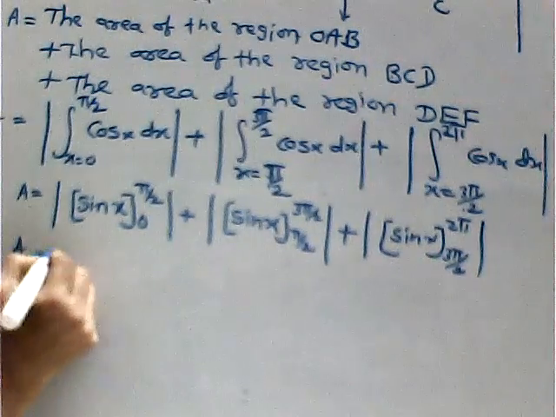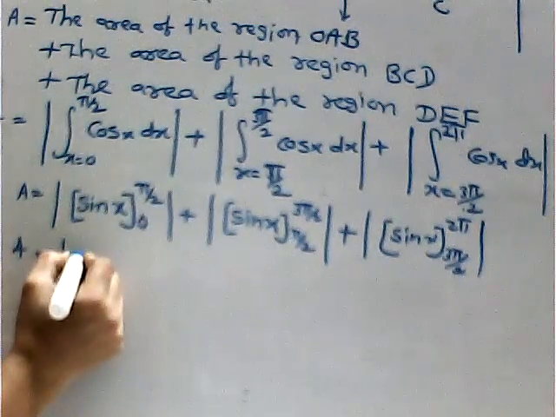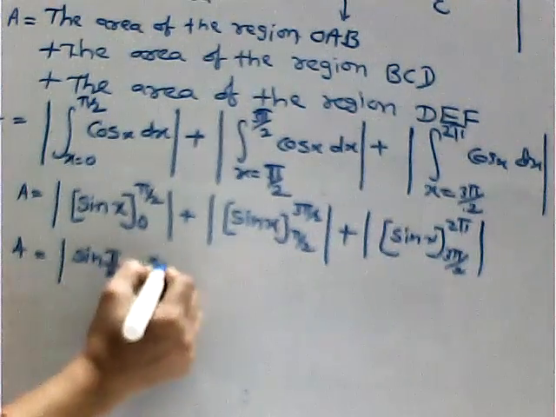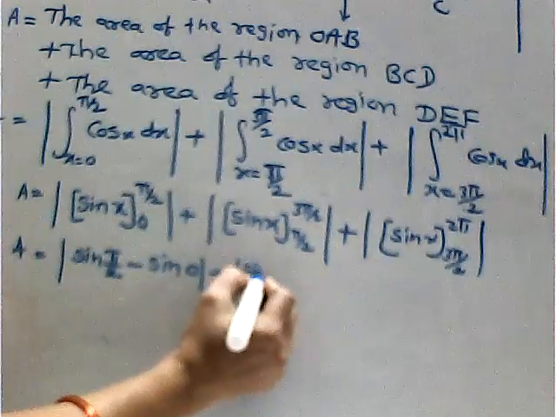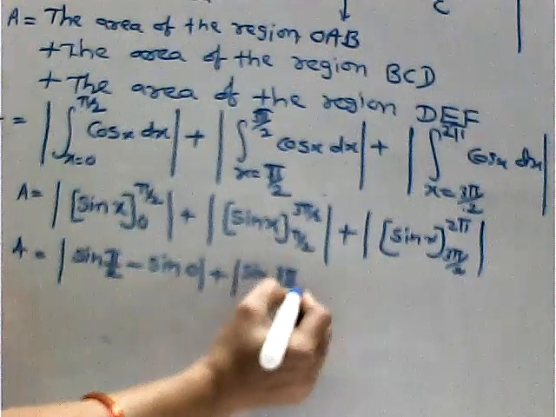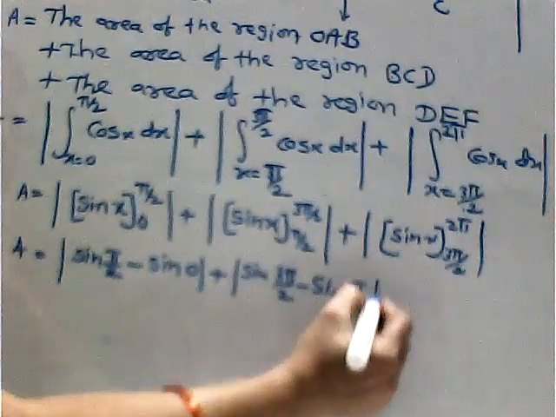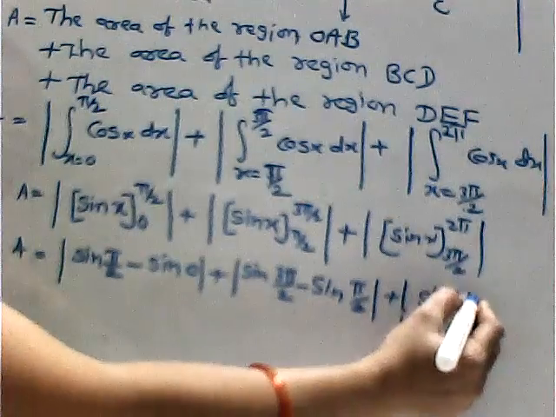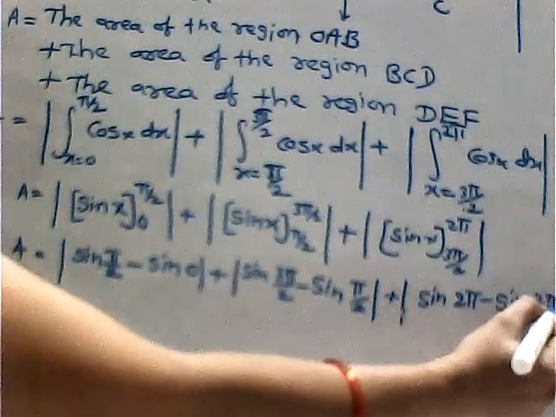A is equal to the modulus, applying the upper value minus the lower value: sin pi by 2 minus sin 0, plus sin 3 pi by 2 minus sin pi by 2, plus sin 2 pi minus sin 3 pi by 2.